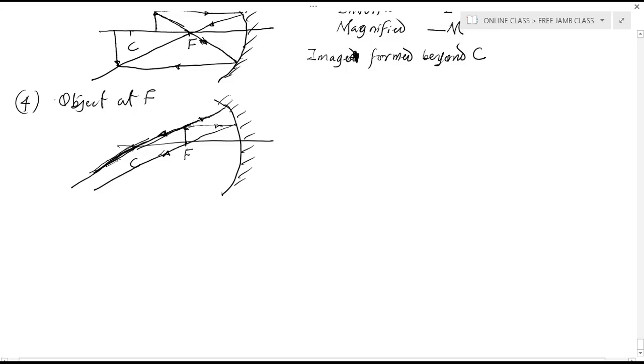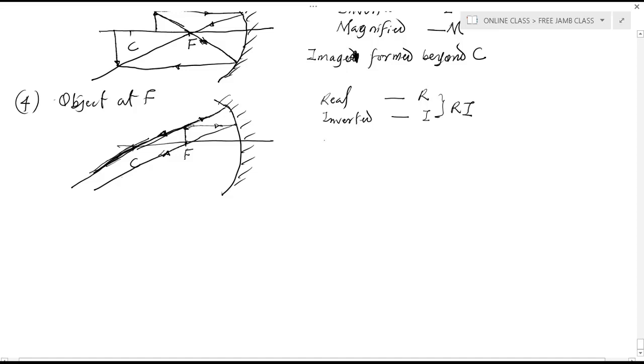So that is why the image is formed at infinity. The image is still real. It's said to be inverted here, even though we can't see it. We can't say that it is magnified. Nothing we can say about that. It's just RI there.